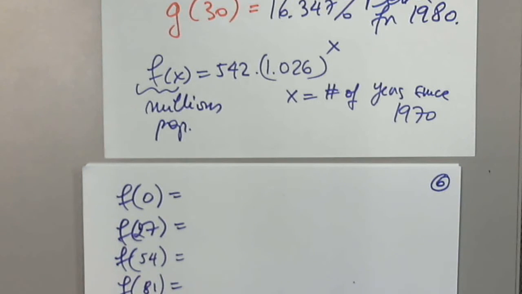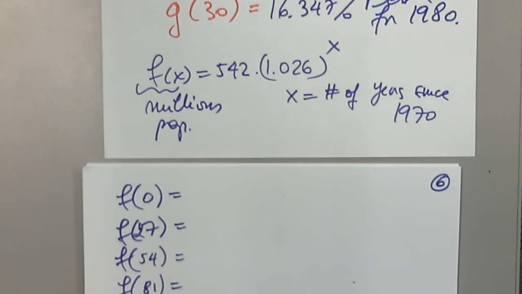Okay. So in parentheses, 1.026 caret parentheses x, close the parenthesis, go to second and table, and I plug in 0. I plug in 27. I plug in 54, and you gave me 81. All I have to do is copy these numbers.